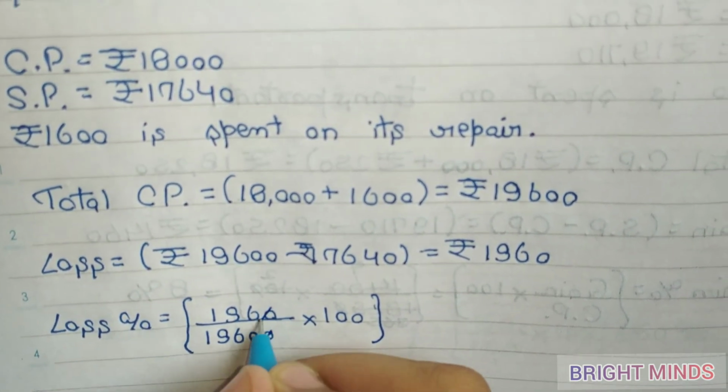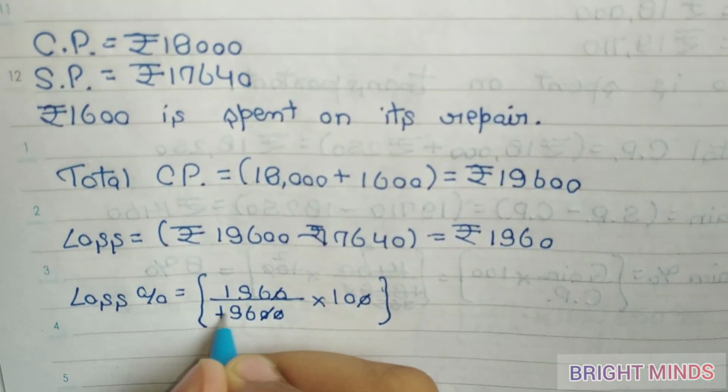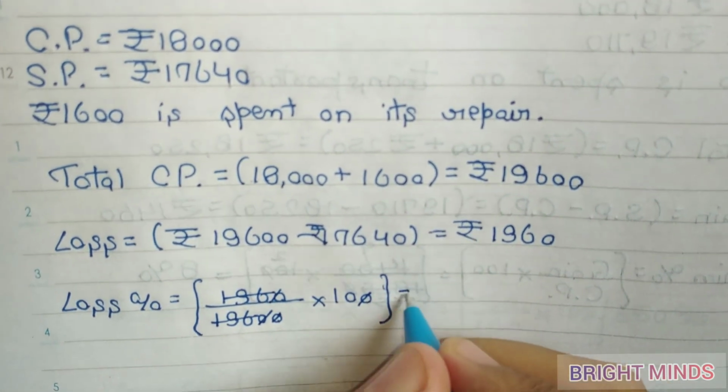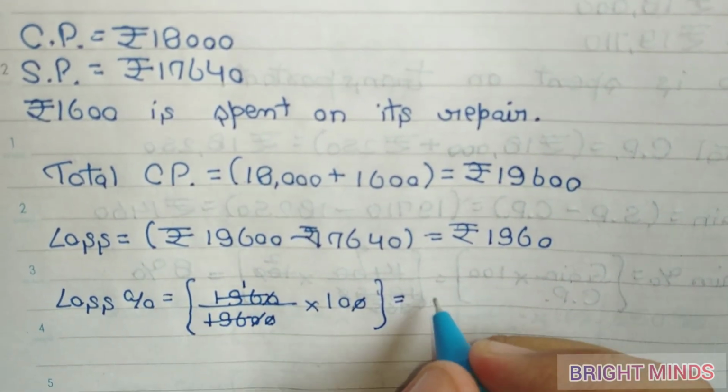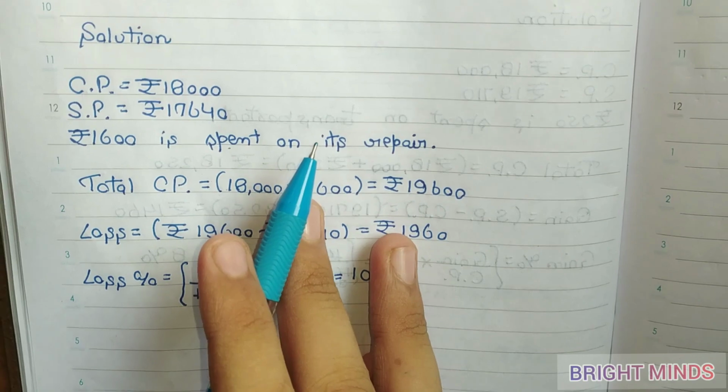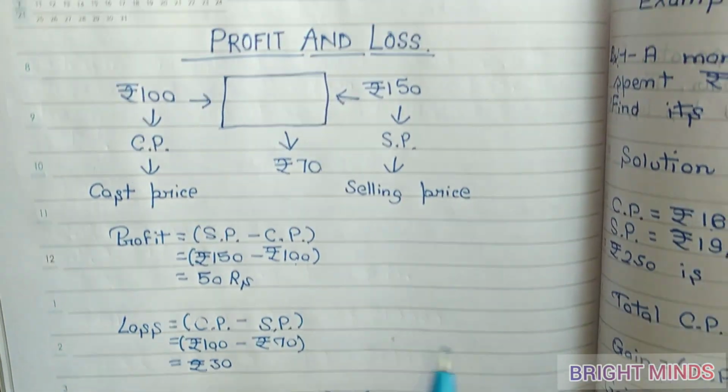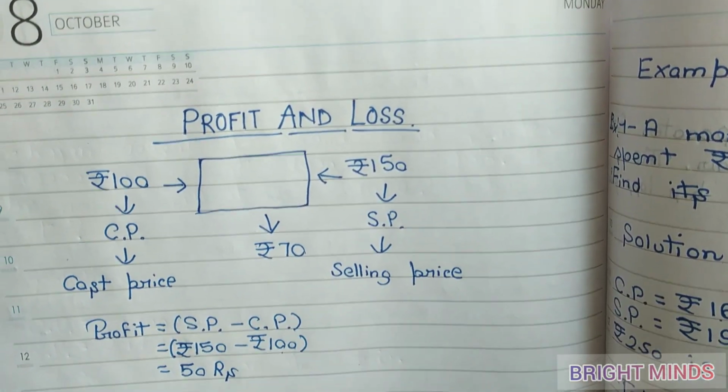Now the zeros cancel out, the zeros cancel out, 196 and 196 cancel out, and 1 into 10 is equal to 10%.